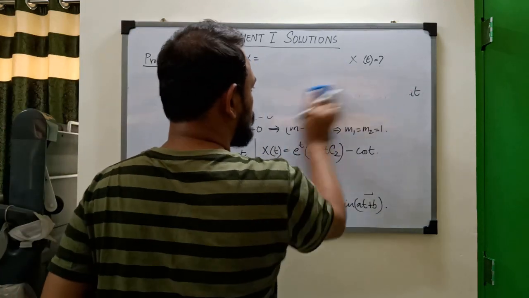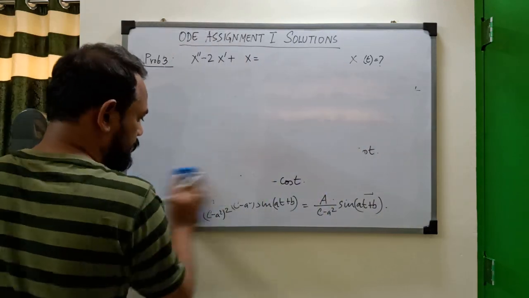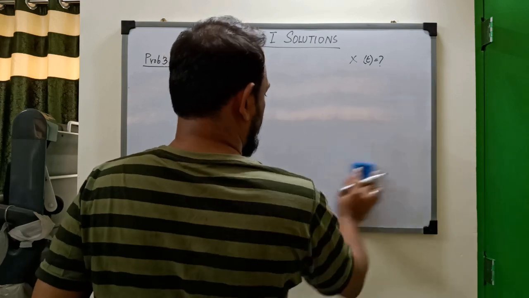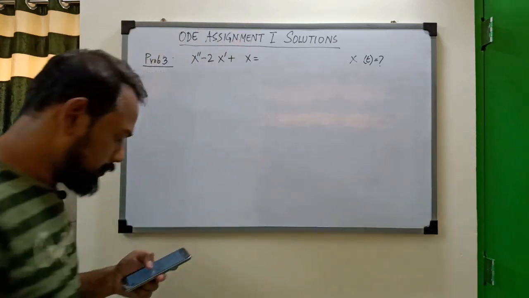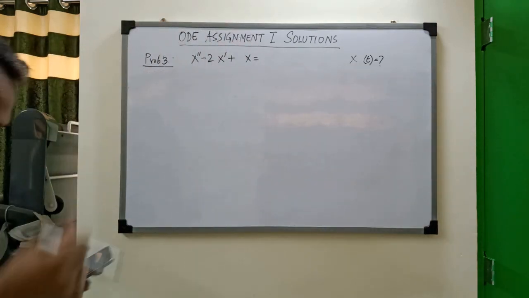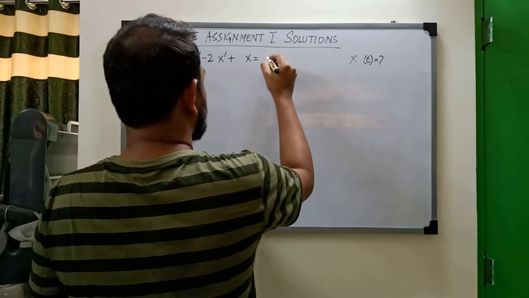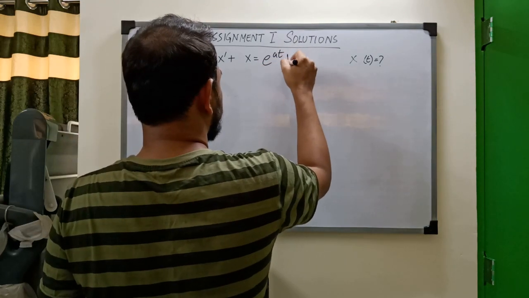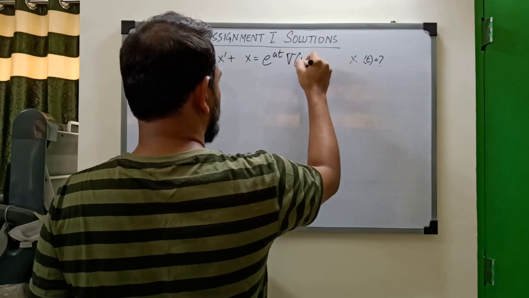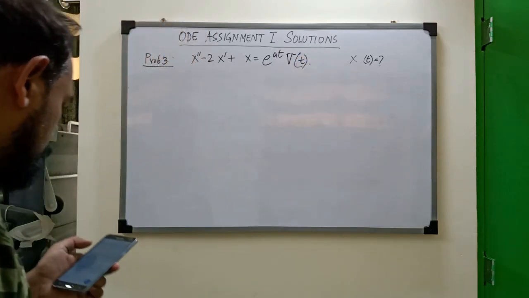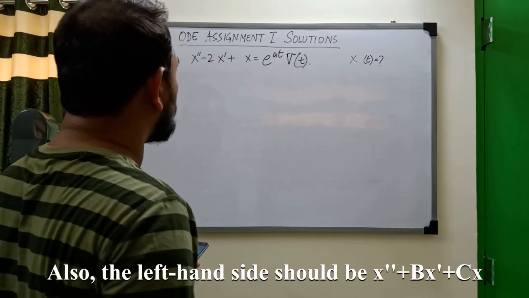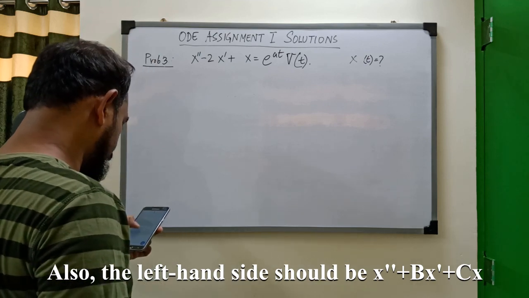It's with a new kind of input. It's a product input where you have an exponential e to the power small at and some function v, which is a function of t. This is given. And you have to show that.